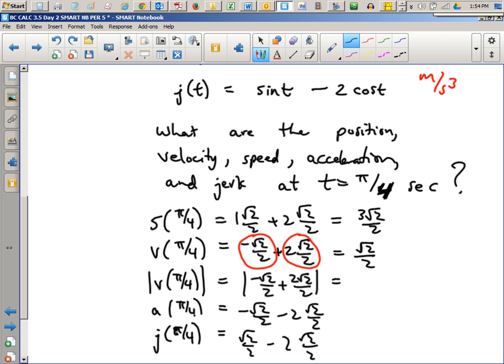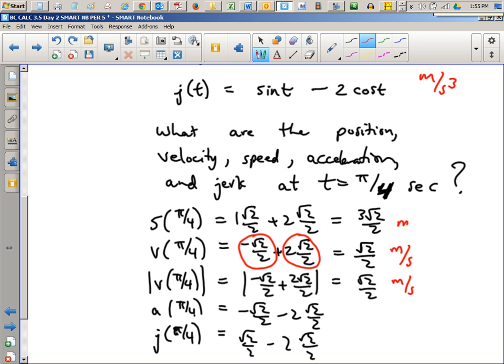The velocity is measured in meters per second. So position we said we would measure in meters. So the position is 3 root 2 over 2, but the velocity is root 2 over 2. And then the speed on this particular problem happens to be the same as the velocity. So that's, of course, a coincidence.